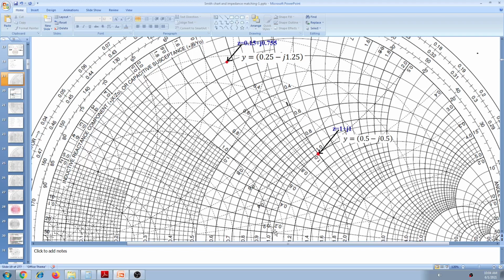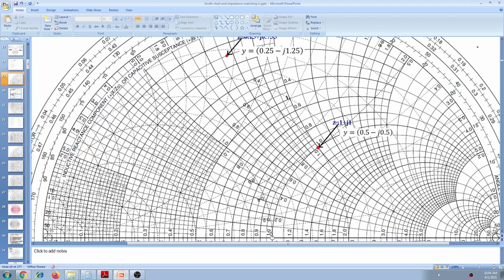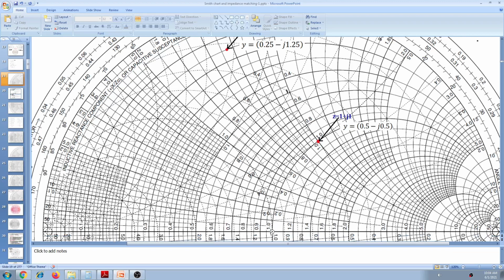This is the r equal to 1 circle. See, whatever values are written above, they are the r circle values. So this circle is associated with r equal to 1. And the x values are in the upper part. You find where the x circle equal to 1 is.